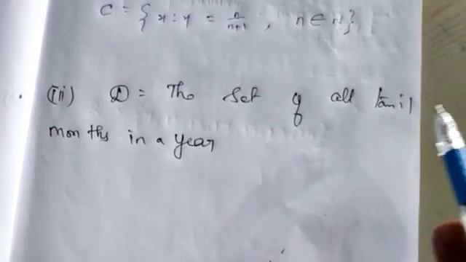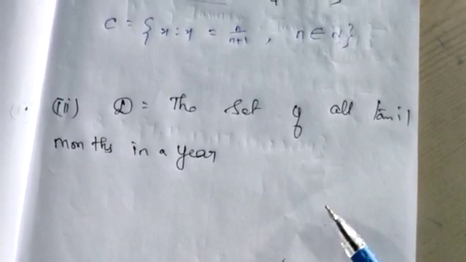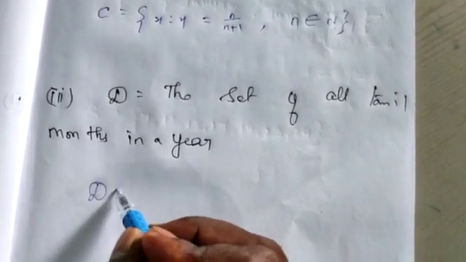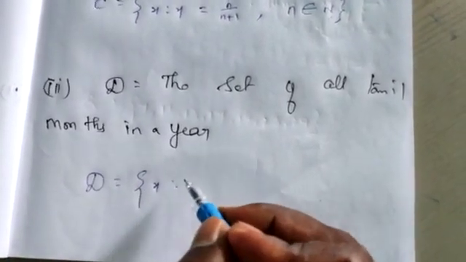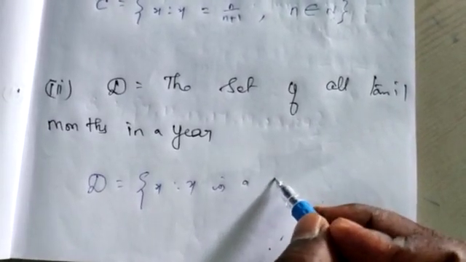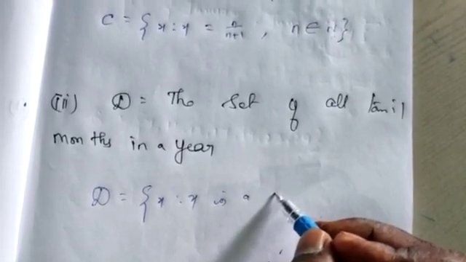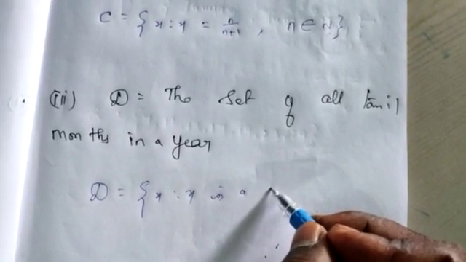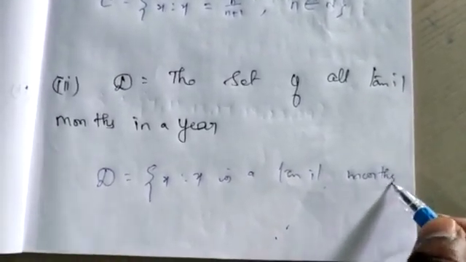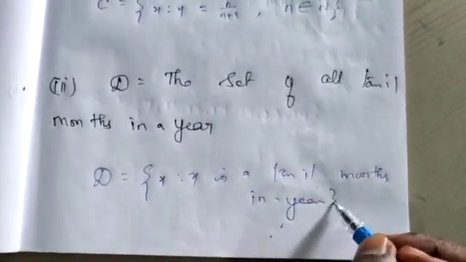The set of all Tamil months in a year. Now we construct the set: x such that x is a Tamil month in a year.